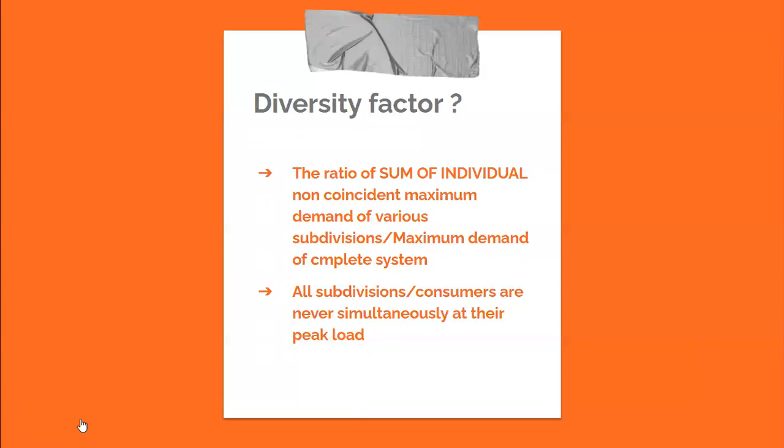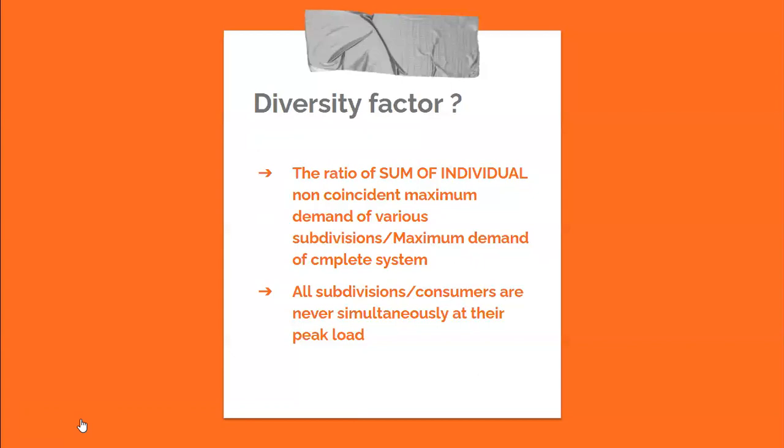This diversity factor is useful if you want to plan the dispatch of the load, or decide upon new load addition, especially when you are talking about the transmission and distribution part of the power plant economics. This parameter is very important, because all the consumers do not consume simultaneously, and hence all the subdivisions or consumers are never simultaneously at their peak load. This understanding would help us in designing a proper transmission and distribution system for the power plants.